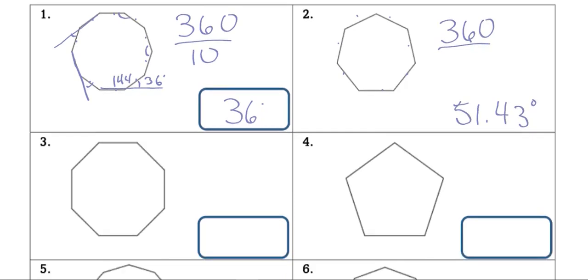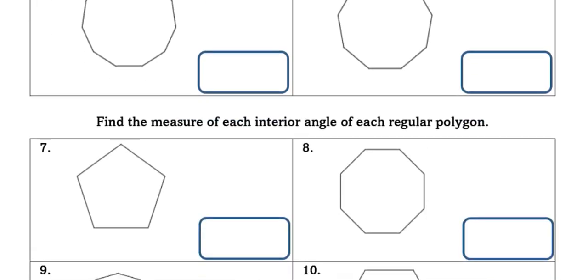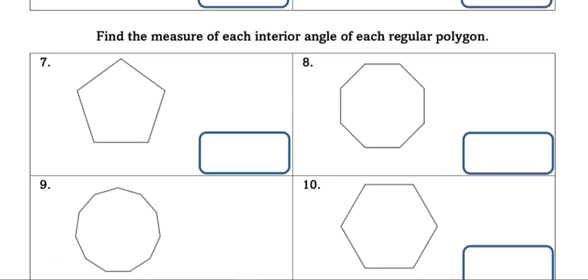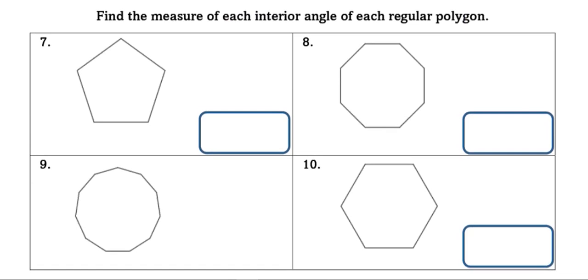Keep going with these exterior angles, and then pick up with the interior angles, although I kind of already went over this. I'm actually just going to show one of these. To get this, you could just find the exterior angle and then work backwards from the supplementary angle, or you can find the sum of all the angles, 5 sides, minus 2, times that 180, that's going to tell us all the angles put together, and then we just divide by how many sides we actually have, so we'll divide by 5.